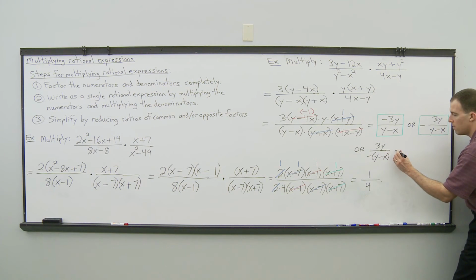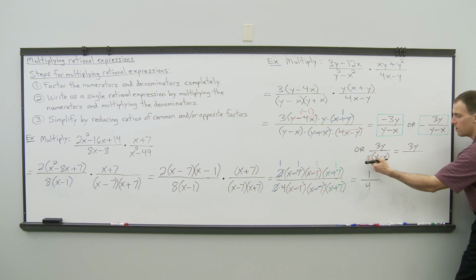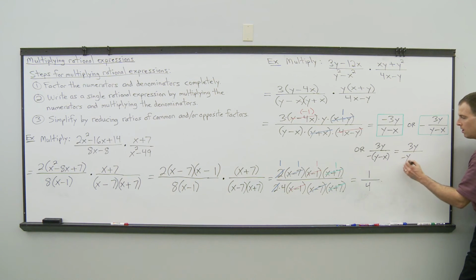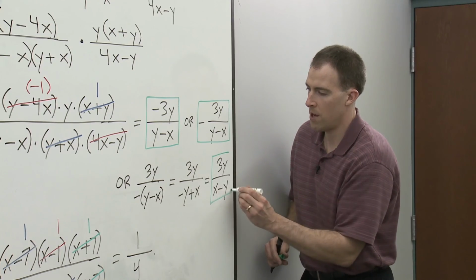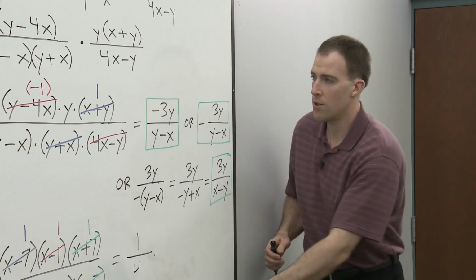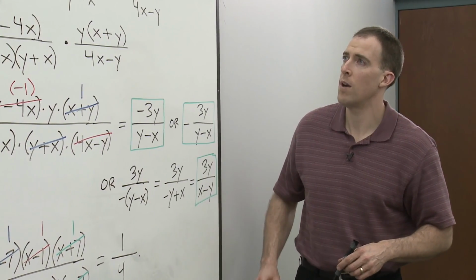And that would likely be simplified by most people to this. 3y over, if we distribute the negative through the parentheses, it becomes a negative y and then a positive x, which for a final simplified result would be expressed as 3y over x minus y, just simply switching the order of the two terms in the denominator to make it look a little more natural. So all three of those green boxed answers there are equivalent, and they're all the result of multiplying those two rational expressions.